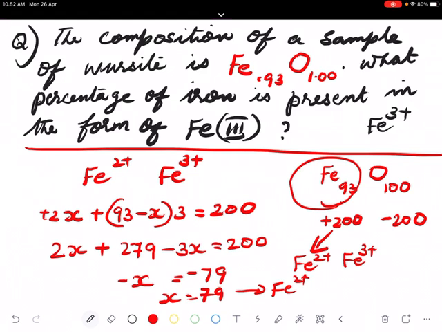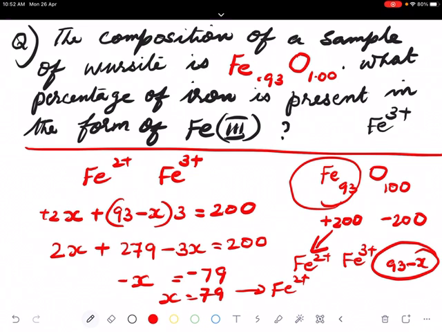Now how many Fe3 plus? X is 79. So Fe3 plus is equal to 93 minus x. What is 93 minus x?